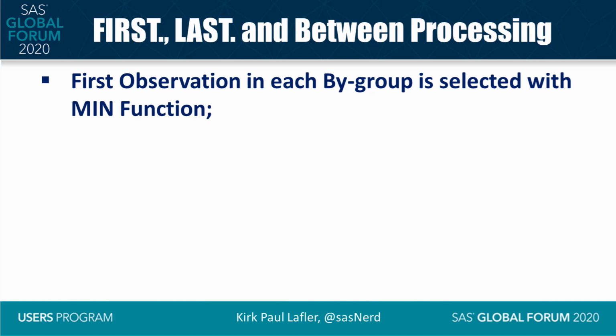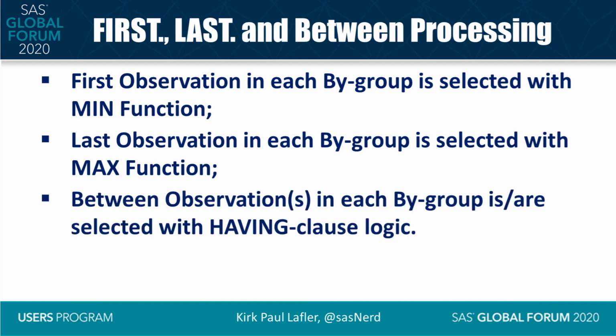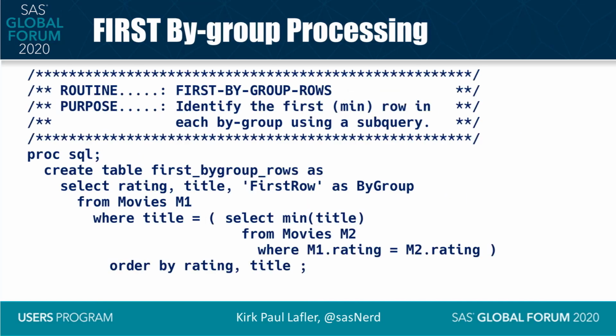We then looked at how to emulate using SQL first dot, last dot, and between processing. The first observation in each by group is selected with the min function. It uses subquery techniques. The last observation in each by group is selected with the max function. The between observations in each by group is selected with the having clause logic. For example, the min function with the title, our group by variable.